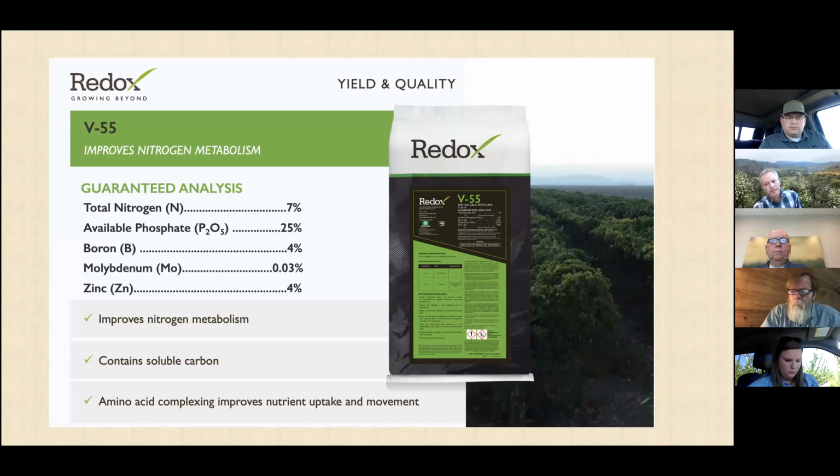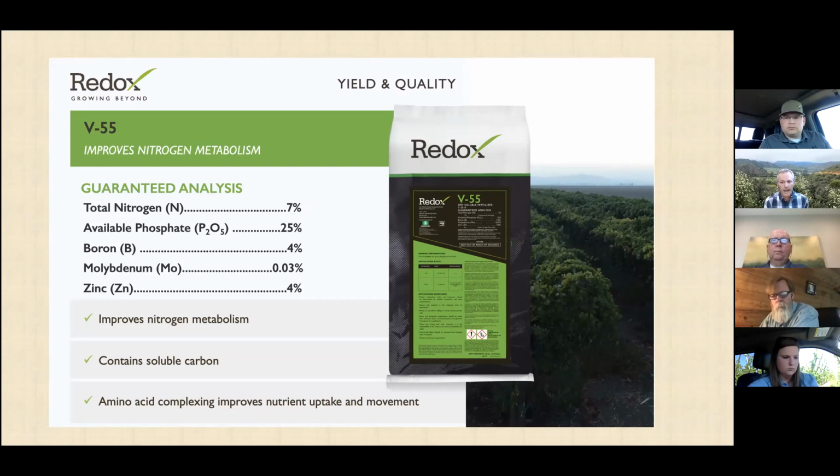So there are several redox products that provide benefits. In fact, most probably provide some benefit in improving nitrogen metabolism. The two that I'm going to focus on today were specifically created for this purpose, okay? The first is a product called V55.